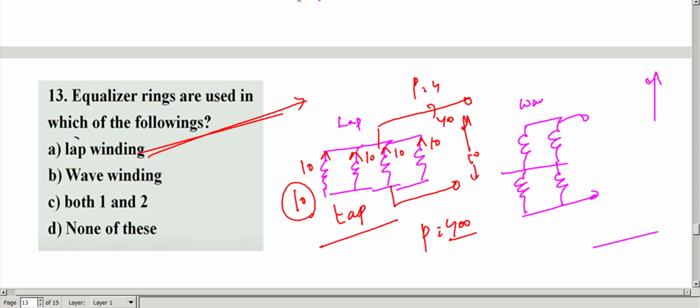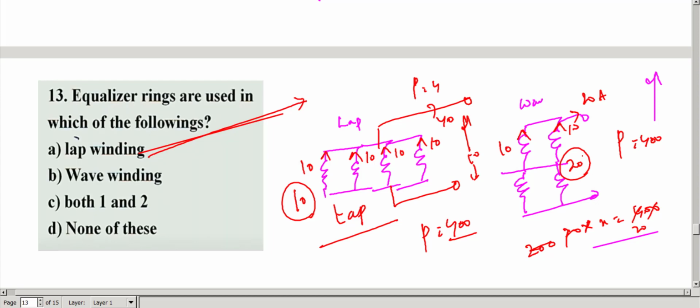Suppose the current in each parallel path is 10 amperes here, and 20 amperes here. So power should remain constant at 400. What is the induced EMF per conductor? 20 into X equals 400, so X equals 20. So the EMF induced in each parallel path is 20.